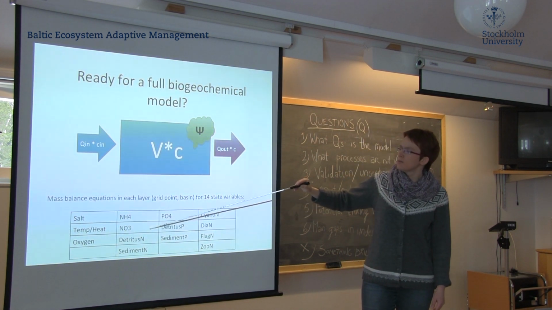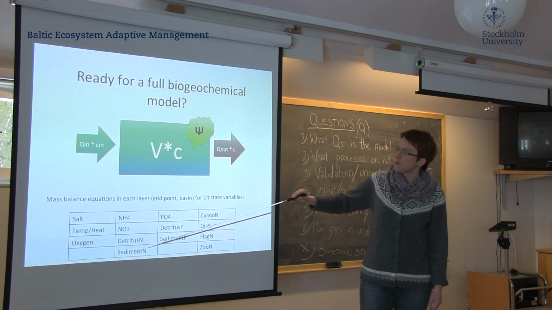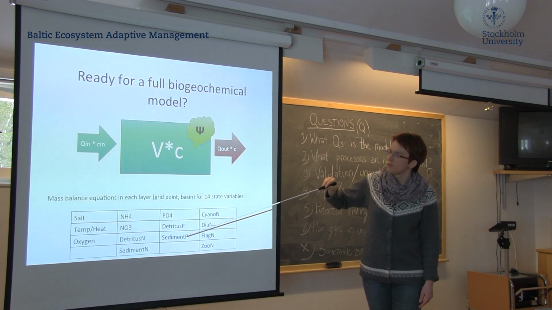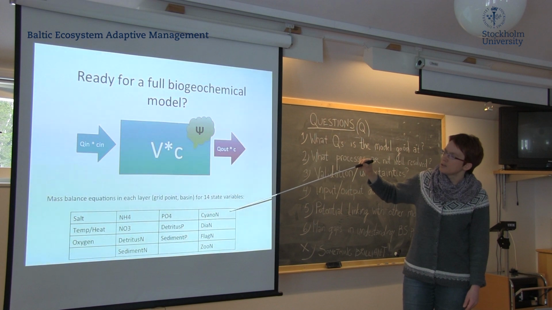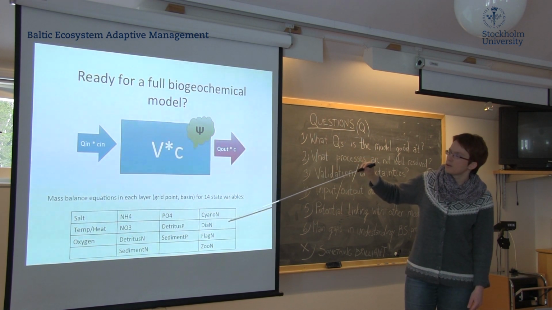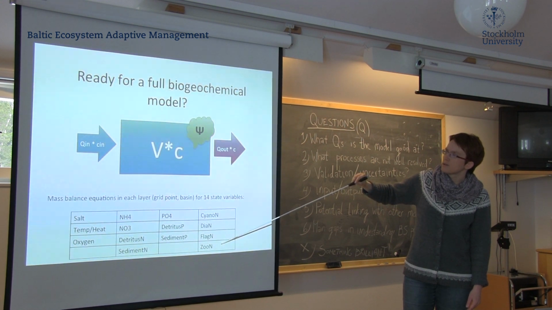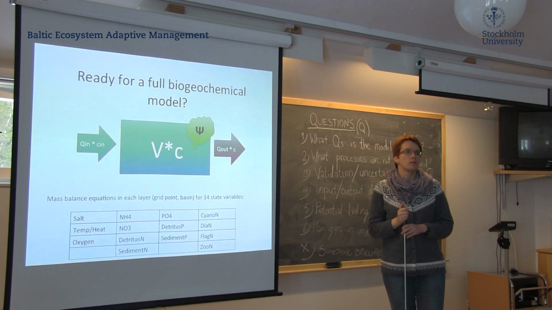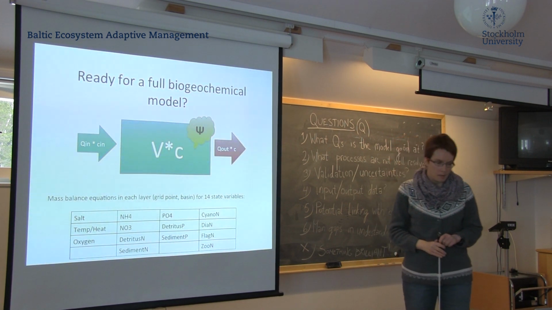Oxygen, ammonium, nitrate, detritus nitrogen, the sediment nitrogen pool, phosphate, detritus phosphorus, the sediment phosphorus pool, and you do it for your biological components, so for cyanobacteria, diatoms, flagellates, and zooplankton. And so basically what you have is a system of mass balance equations for those 14 components. And then this you solve in time.